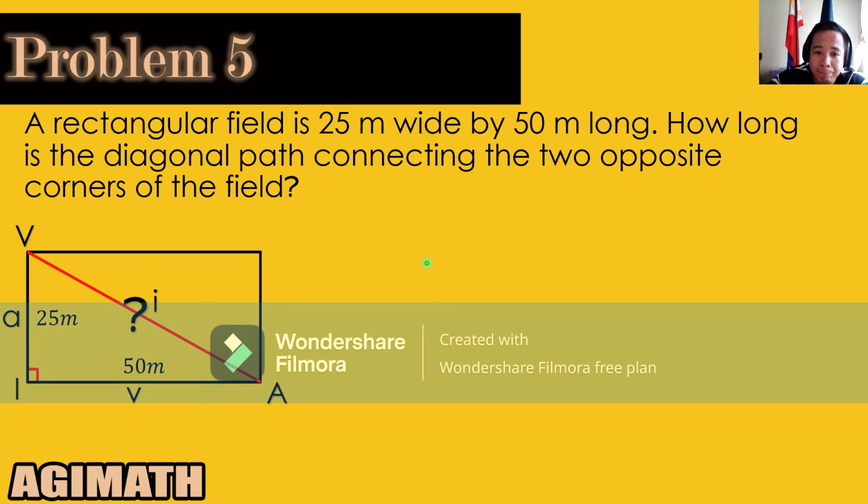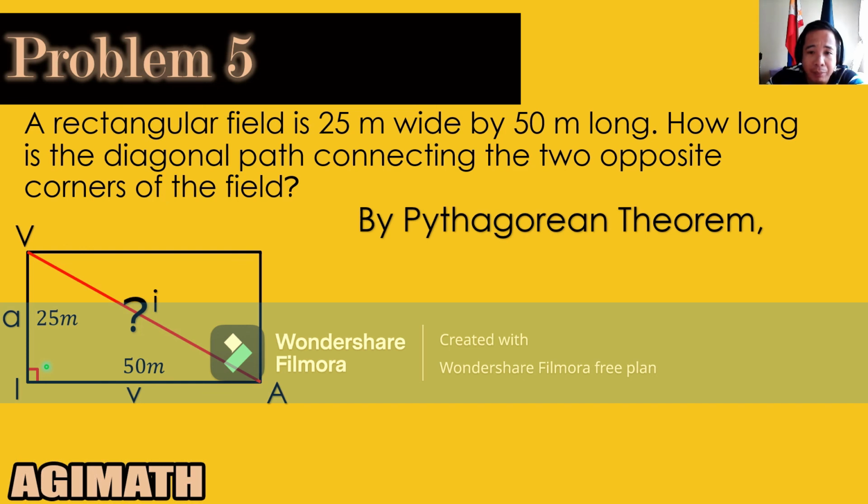Now, if you observe, we have a right triangle VIA, and it is not a special triangle because it is not stated, and we cannot derive any properties that will show it is a special right triangle, but we know it's a right triangle. So in that case, we can still apply the Pythagorean theorem.